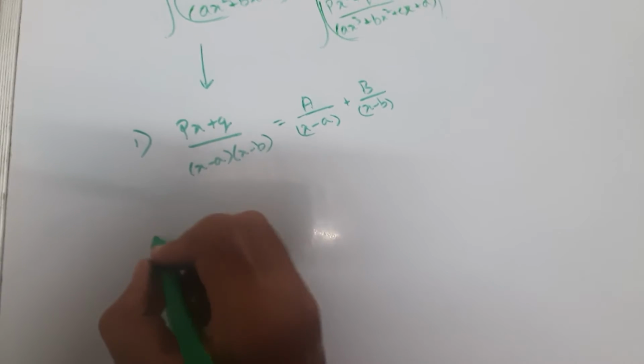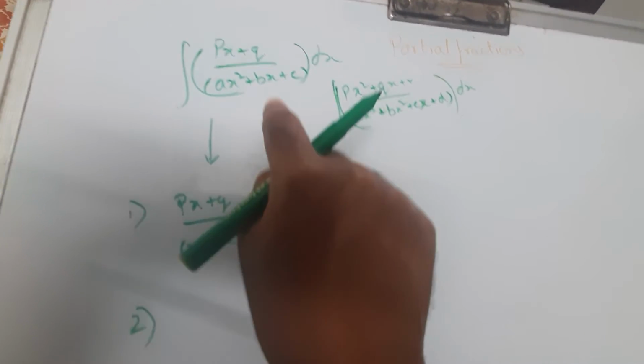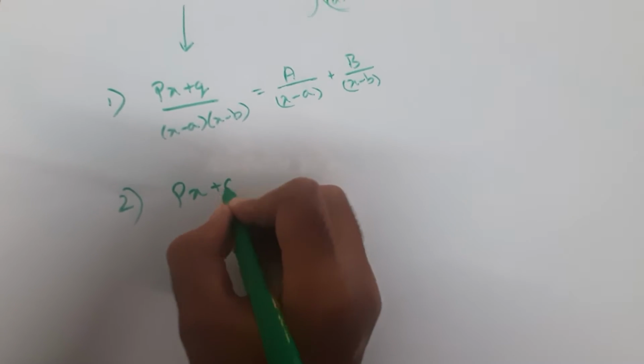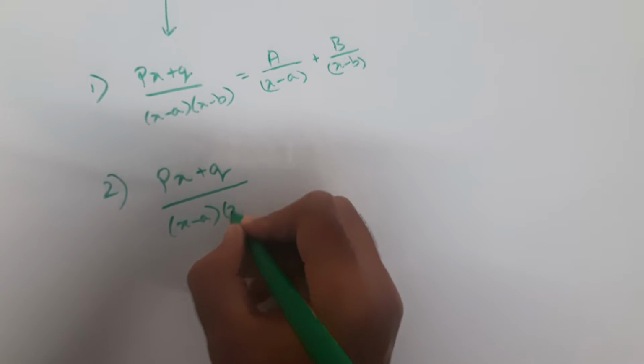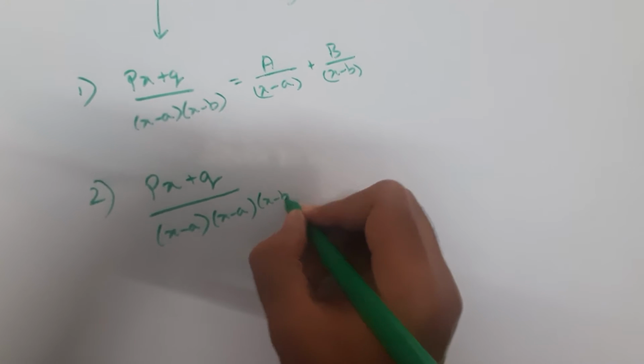So case 2, you're going to take this function, factorize the denominator, and you're getting this, okay? (px+q)/((x-a)(x-a)(x-b)).